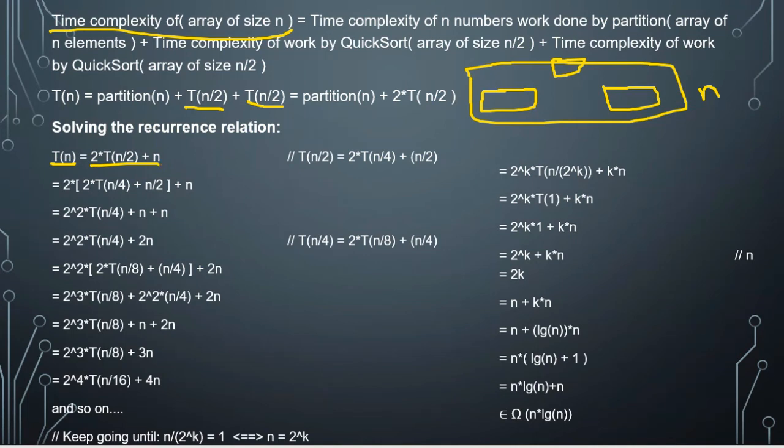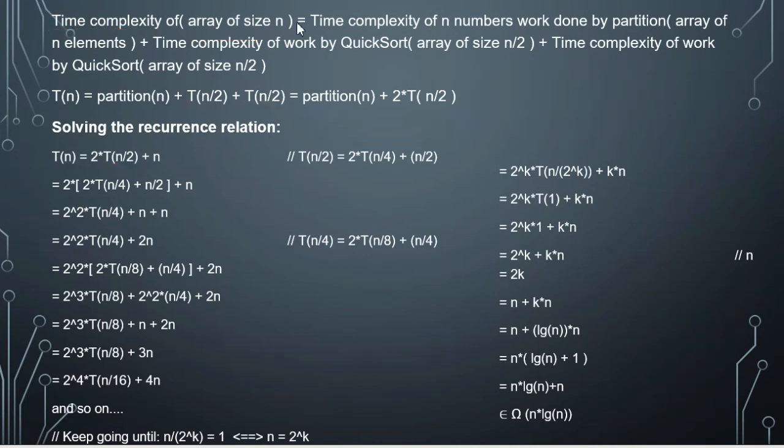So now we have seen that this will add up and become 2 multiplied by T(n/2) plus n. This is T of n. Now if we put n equal to n by 2, then the n by 2 will become n by 4. Since 2 is multiplied by 2, this will become n by 2 and n by 2.